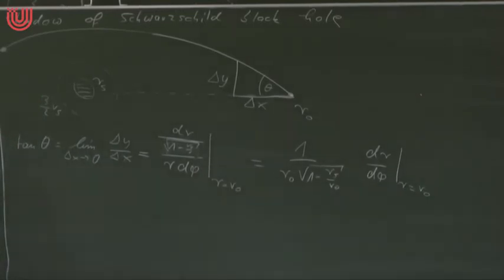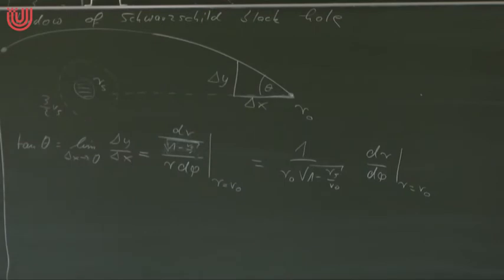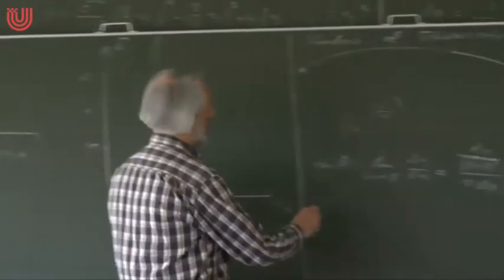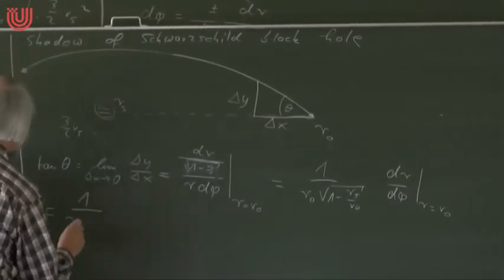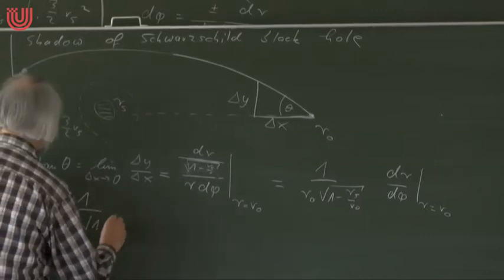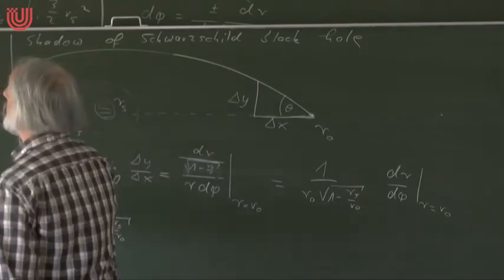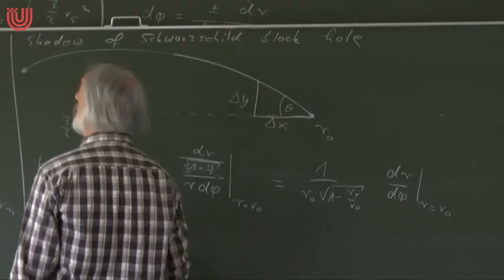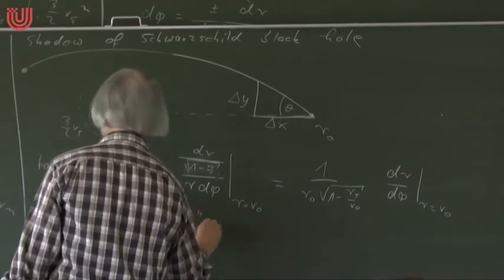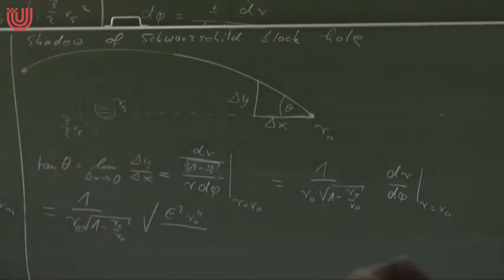And the dr by d phi, I'm talking about light rays. The dr by d phi can be read from this orbit equation. So I have 1 minus ro root 1 minus rs over ro. The dr by d phi is the square root of these things which I have there: E squared r to the 4, and it's ro now, since I am at the radius coordinate r equal ro.